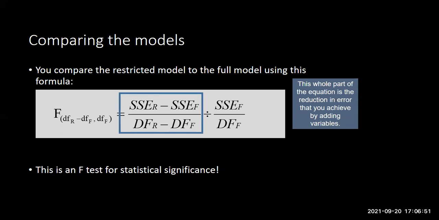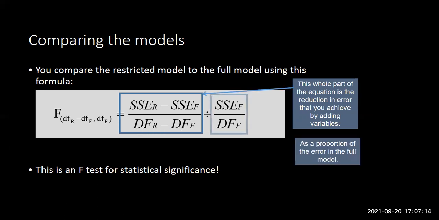This whole part of the equation, this is all the numerator, is the reduction in error that you have achieved by adding the predictors. It's that yellow proportion of variance based on these degrees of freedom.